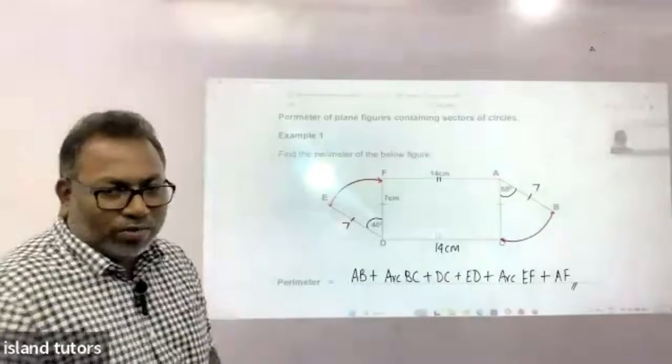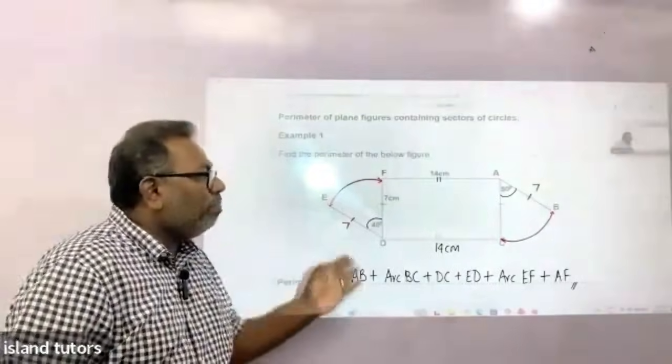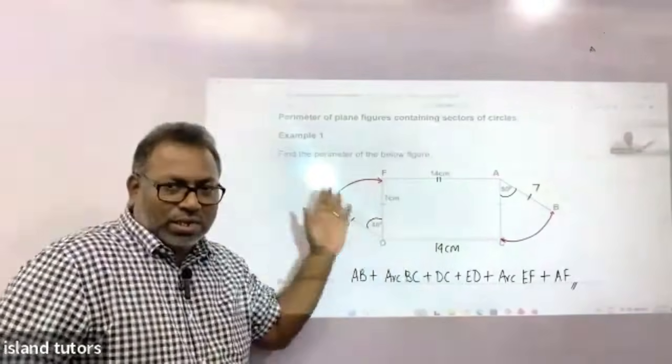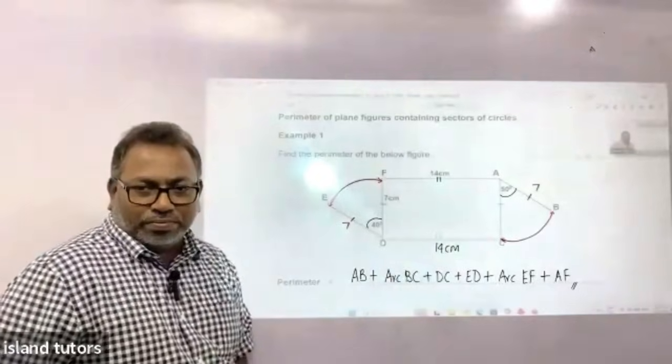So when you add up all of this, you get the perimeter of this rectilinear plane figure.